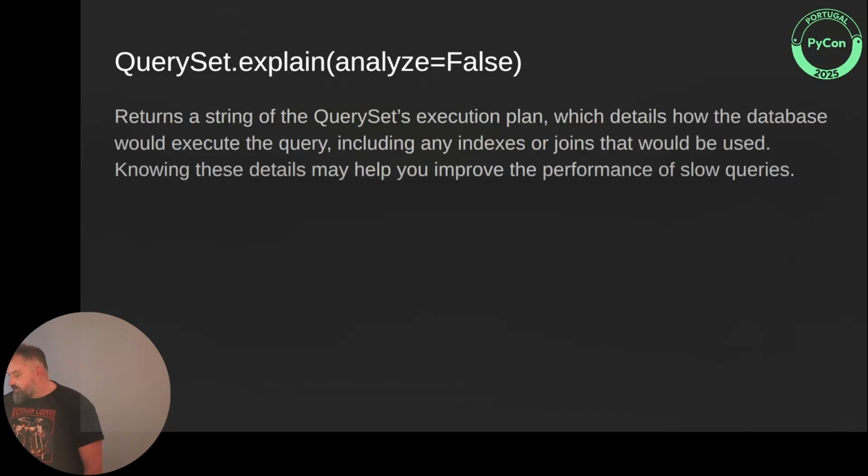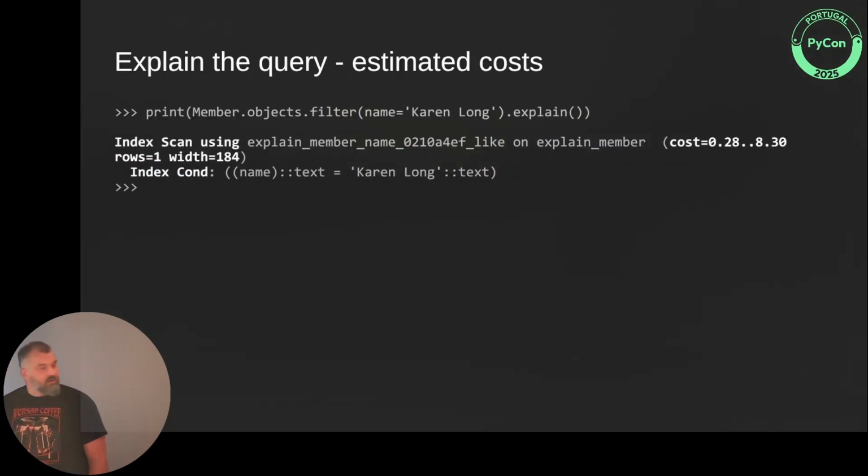But I'm using Django here. I have a query that finds a member with a specific name, Karen Long, and I say explain. Typically I read those bottom up. So I start from the bottom. I see that it will use an index on the name, which is really fine, and it's using this index scan. So perfect, this is how it should be.